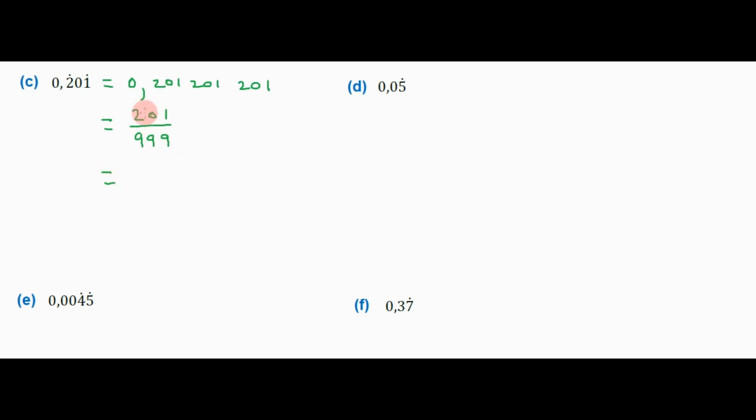We can now simplify this. 3 into 20 goes 6 times. Carry 2. And 3 into 21 goes 7 times. Into 999, 3 goes 333 times.